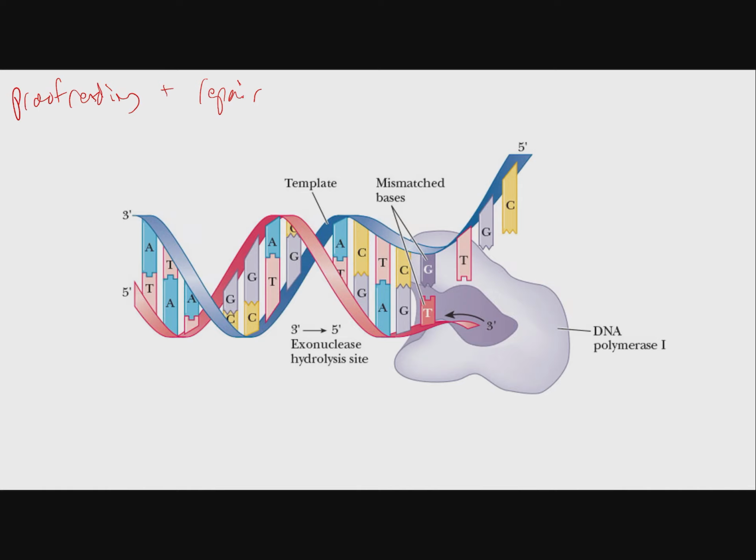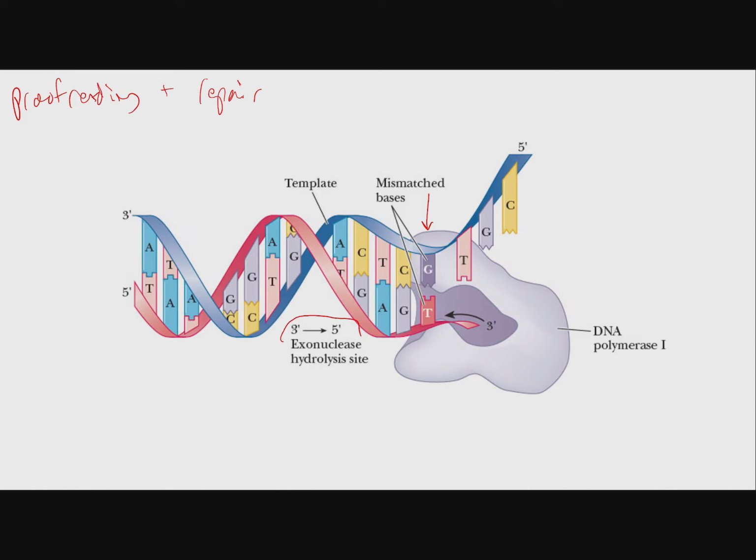So you can see DNA polymerase 1 is moving along the template strand, and it's reading the pairs. Now what we see here is that there's a GT base pair that's mismatched. And so what DNA polymerase 1 has is 3' to 5' exonuclease activity. That means it can actually go in the backwards direction, right?